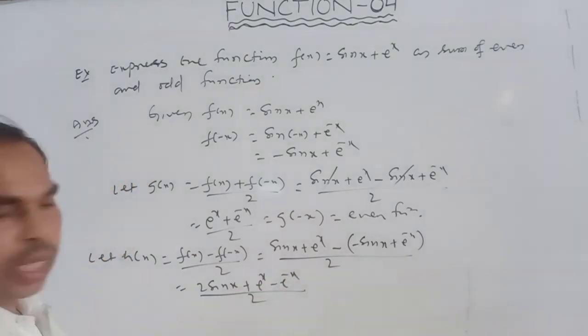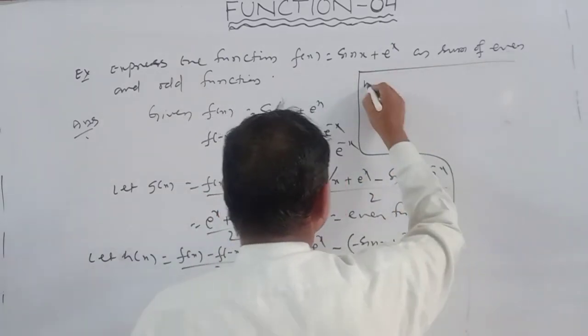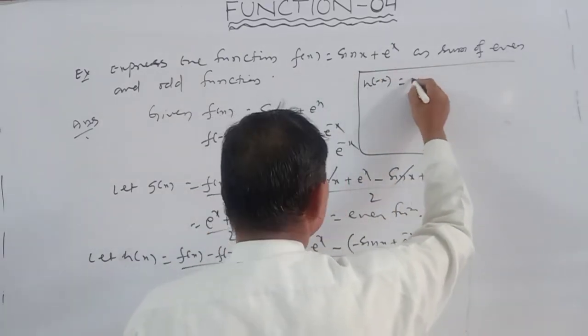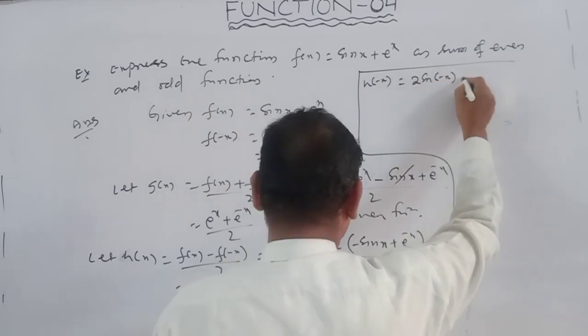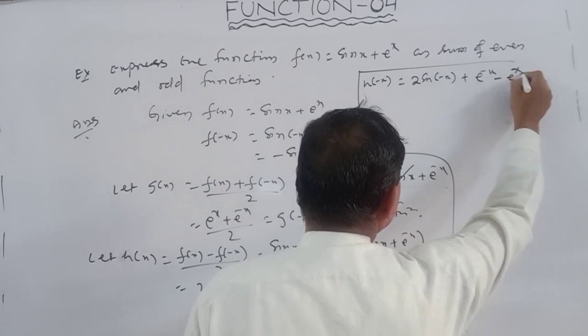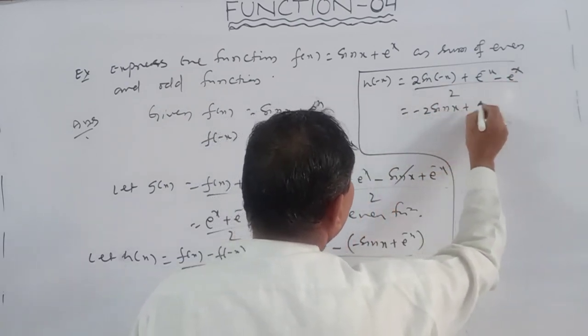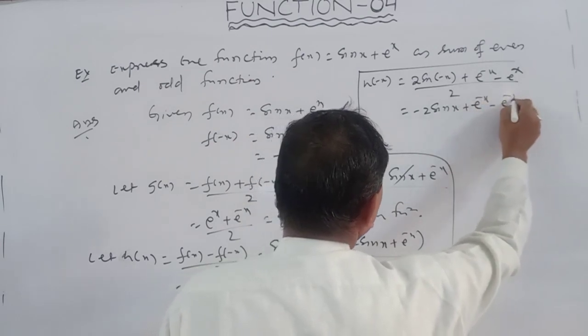So check. h of minus x is equal to 2 into sin of minus x plus e to power minus x minus e to power plus x, whole divided by 2. This is minus 2 sin x plus e to power minus x minus e to power x divided by 2.